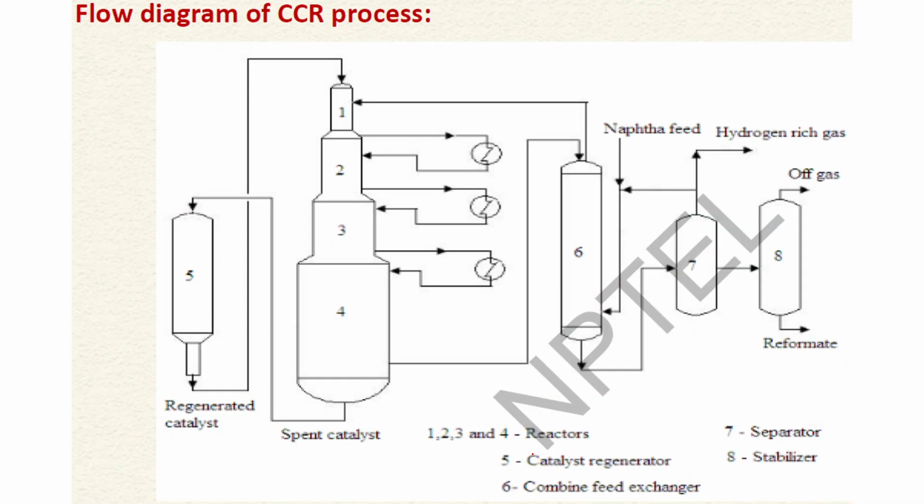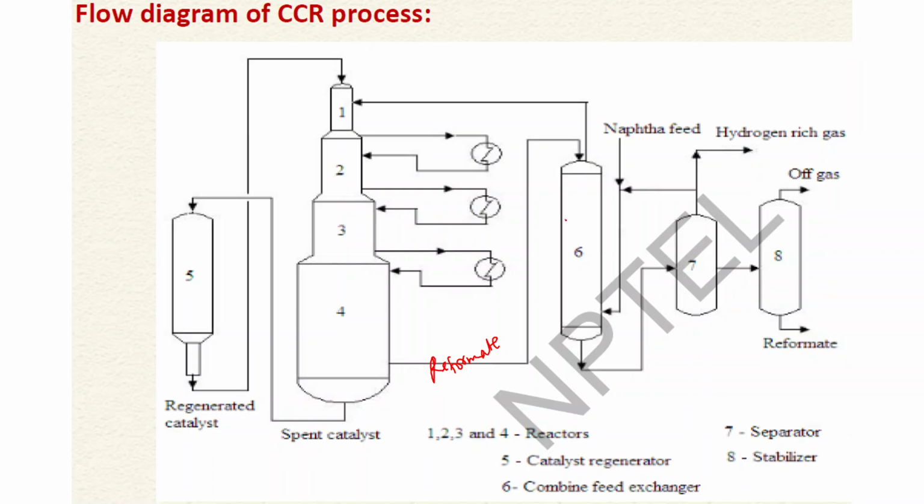Coming on to the flow diagram, as I told, here the catalyst reactors are kept one above the other. As you can see, one reactor is kept on the top of the other. We take naphtha feed from here, and here it exchanges heat with the reformate. This is the reformate stream.